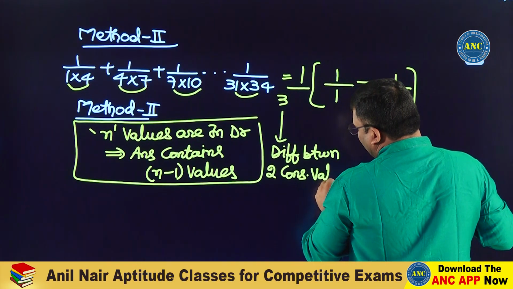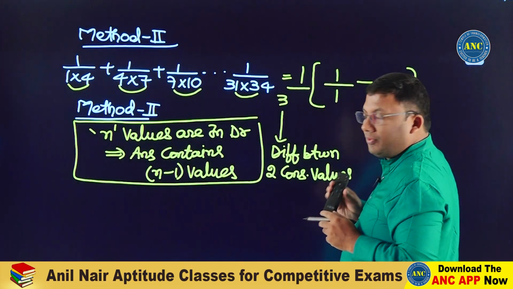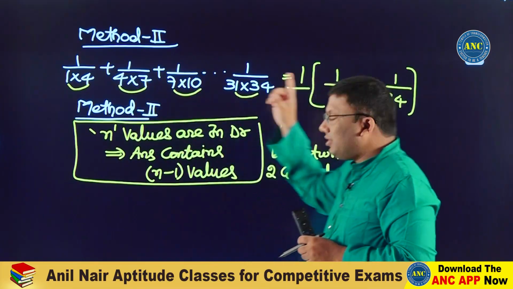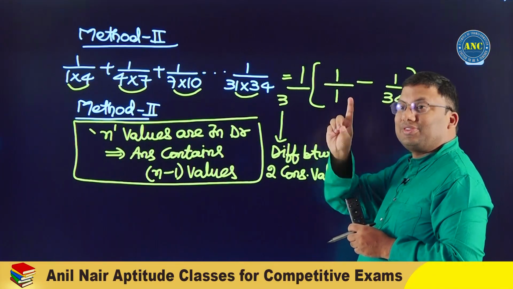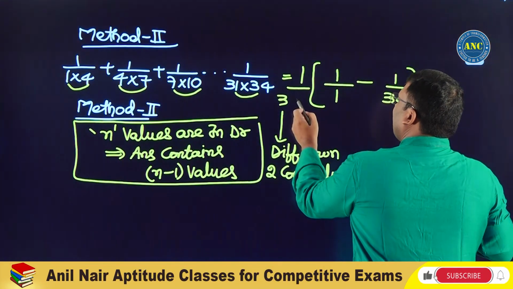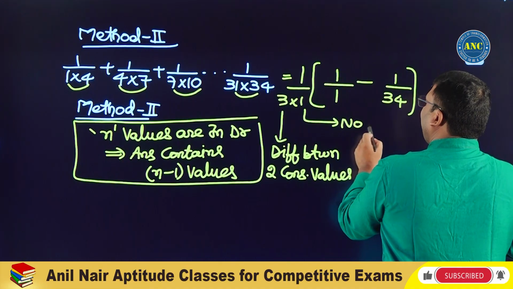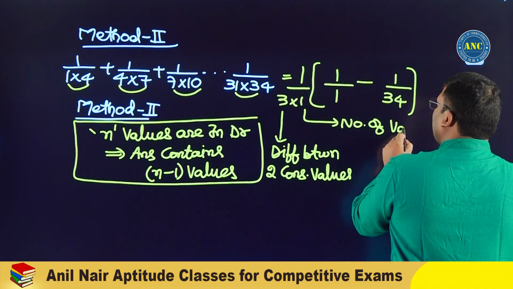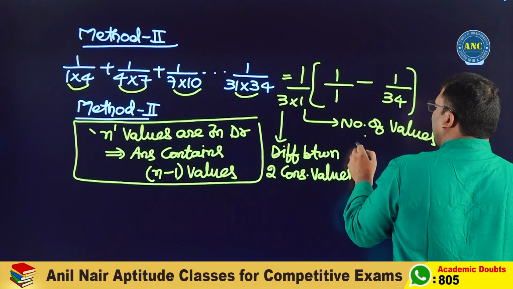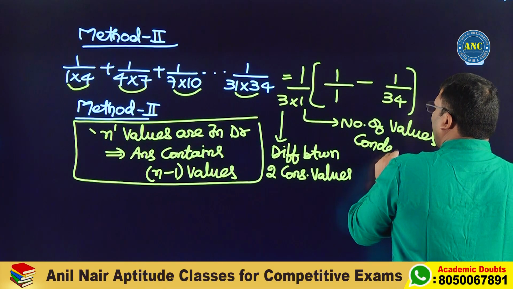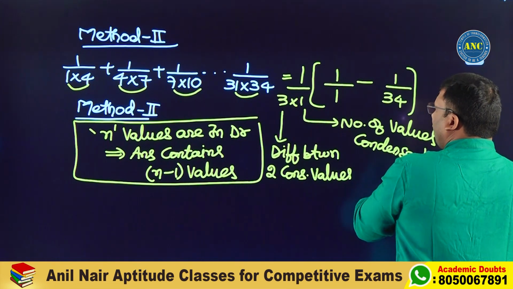Here 2 values are becoming how many values? 1 value. It is into 1. What is this one? Number of values condensed. 2 values are becoming 1 value.